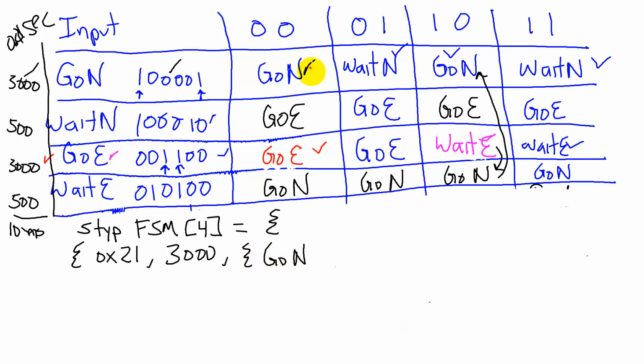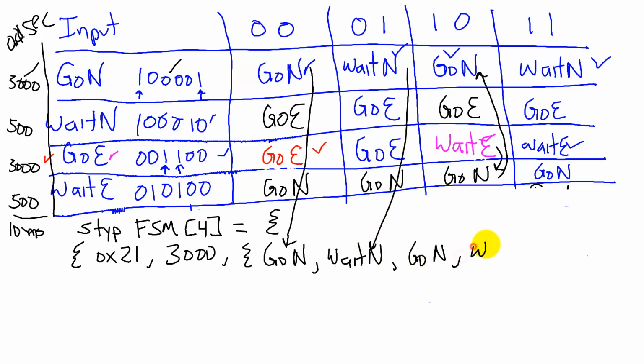That's this one. Wait in. That's that one. Go in. Wait in. This is all the syntax I got to do to make this look pretty. That's my state. So you see that this line of C code and that line of that table are mathematically equivalent, 1-to-1. That's how I write the other states as well.